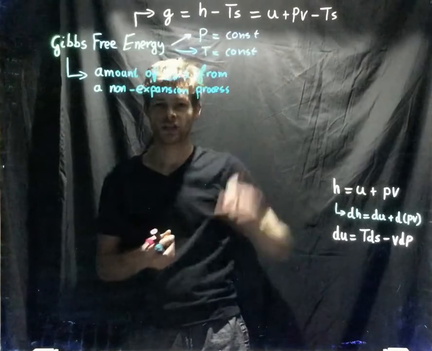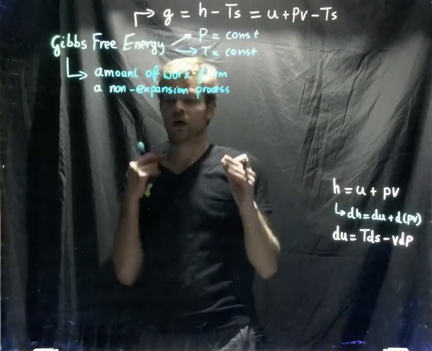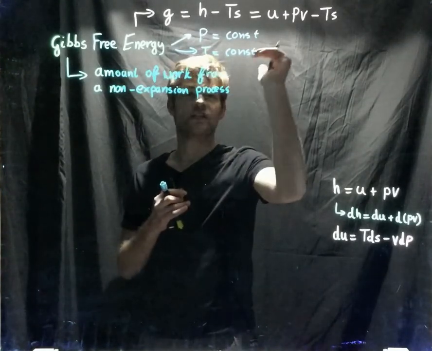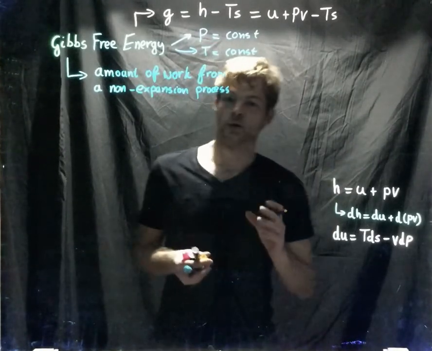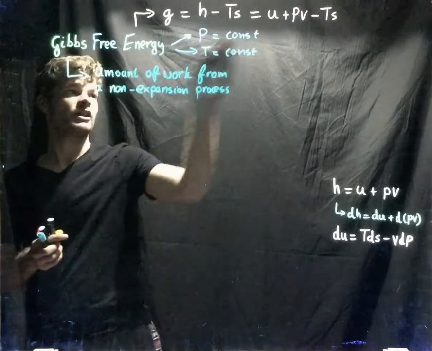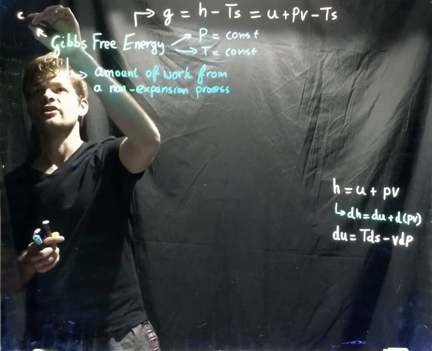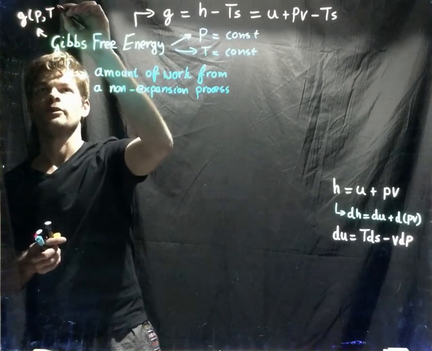So this is the equation for the Gibbs free energy. Unlike the Helmholtz free energy, in the Gibbs free energy the pressure is assumed constant, and in the Helmholtz free energy the volume is assumed constant. So the Gibbs free energy, as you can see over here, is a state function determined by the pressure and temperature.